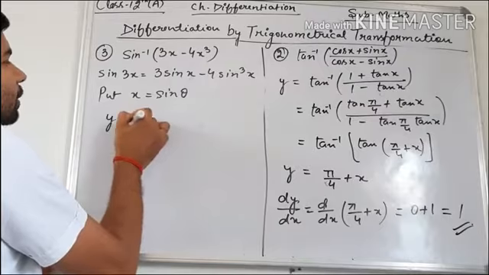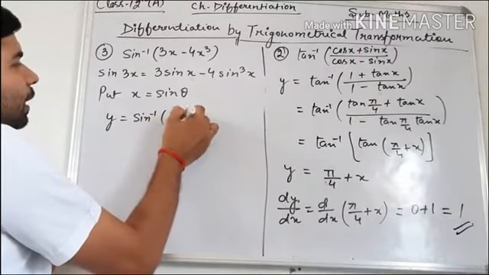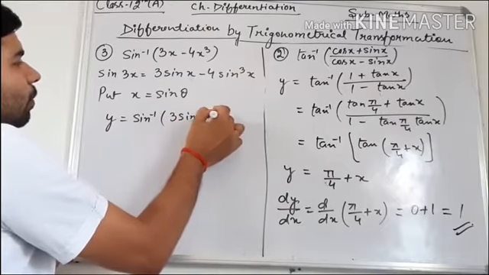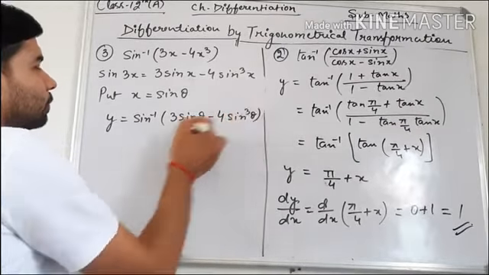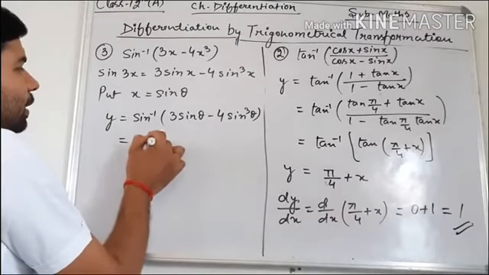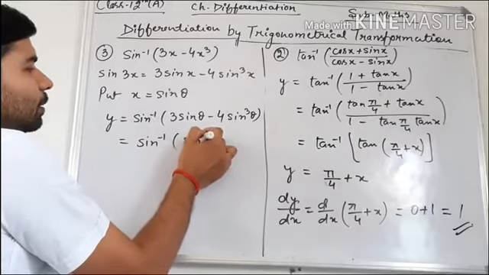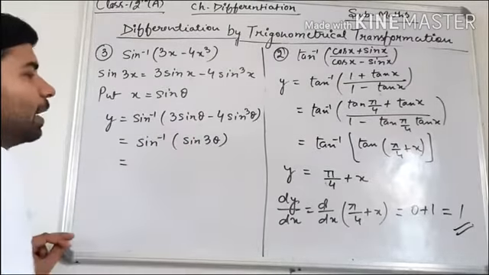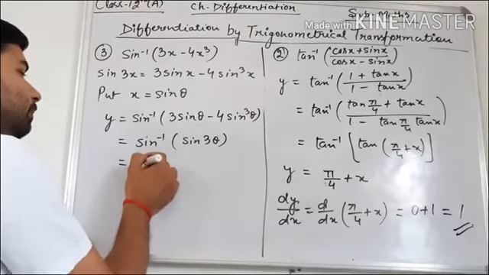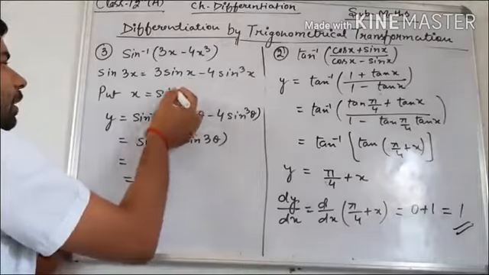y equal sin inverse 3 sin theta minus 4 sin cube theta equals sin inverse, this will become sin 3 theta. Sin inverse and sin will cancel each other. The function will remain 3 theta. Now put the value of theta.